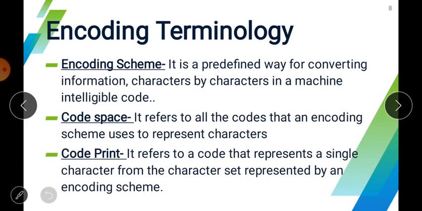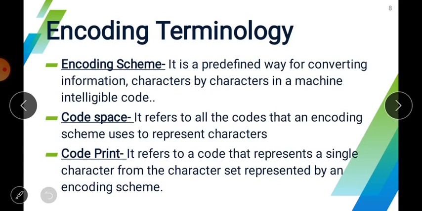Next term is code space. It refers to all the codes that an encoding scheme uses to represent characters, meaning a set of codes used by any encoding scheme to represent characters is called the code space.